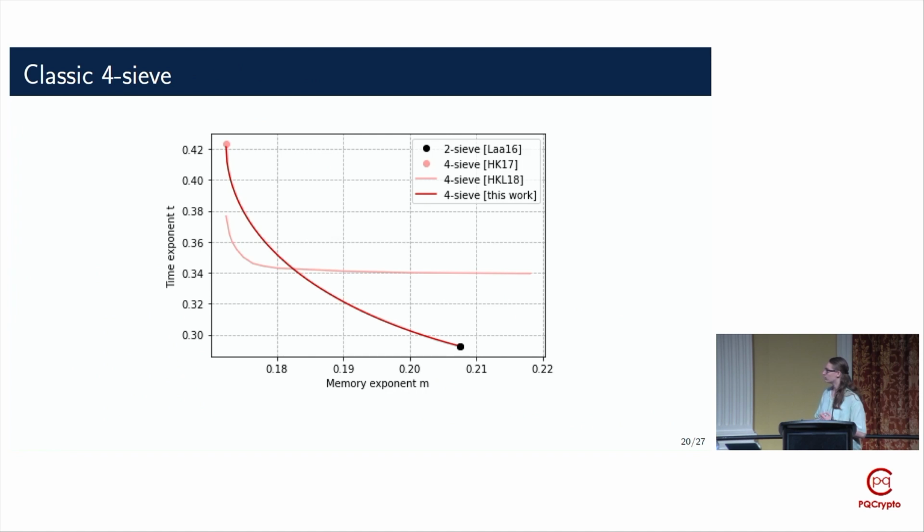And here we have interesting results, because our algorithm allows us to recover the complexities of the algorithm without filtering, up and down, with a black dot. It is a time and memory point for the best classical two-sieve. Because actually choosing the configuration in our algorithm allows us to recover these two algorithms.